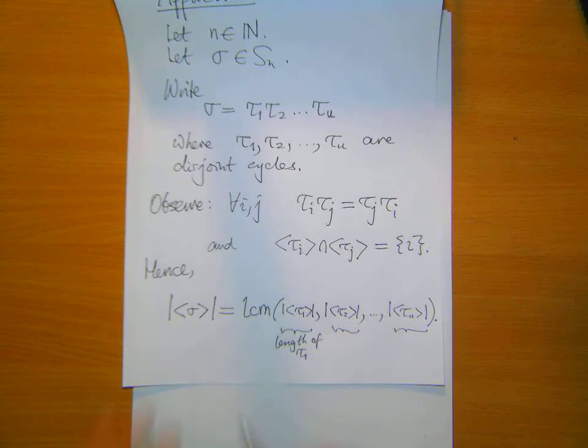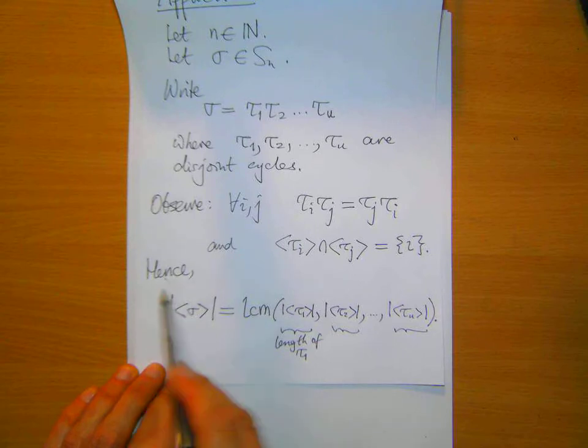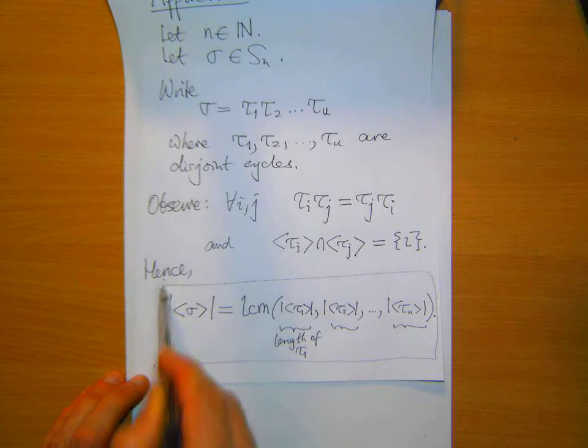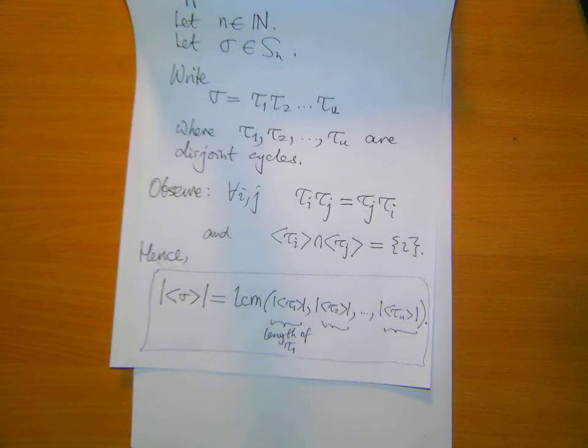So this is a really useful result, because it tells us how to work out the order of any permutation, as long as we've written it as a product of disjoint cycles. So that's an application of our lemma. So let's do an example of it.